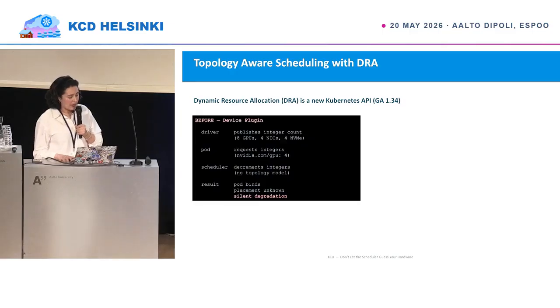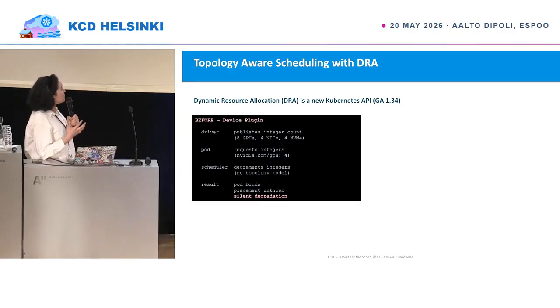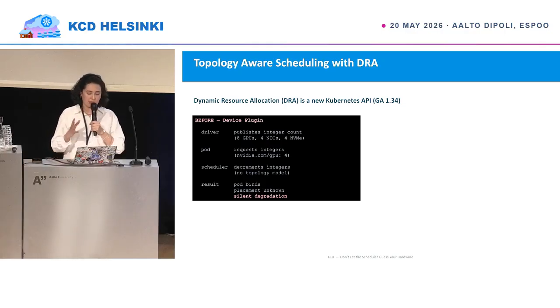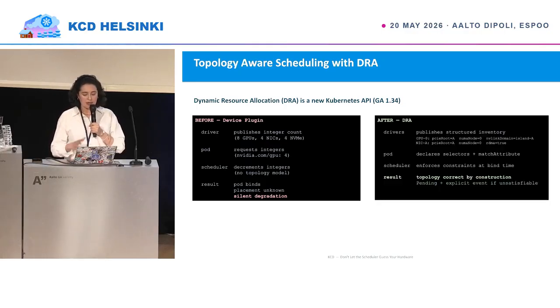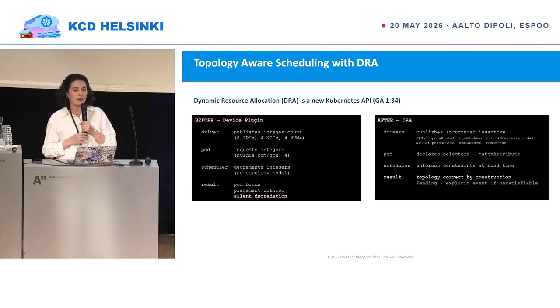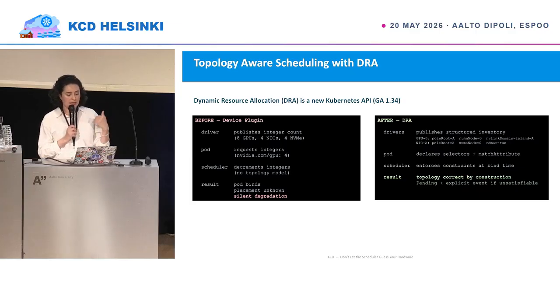Before DRA, the device plugin publishes integers to express resources per node. With DRA, the hardware drivers are publishing a structured inventory where each device is represented by a named object with typed attributes.